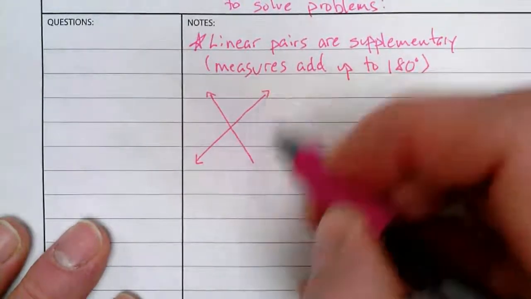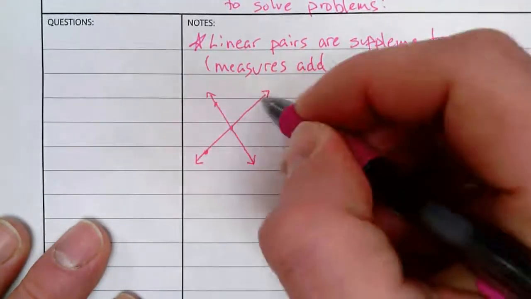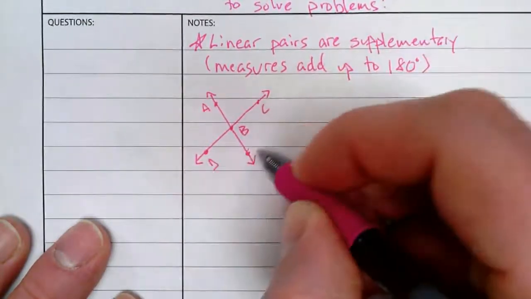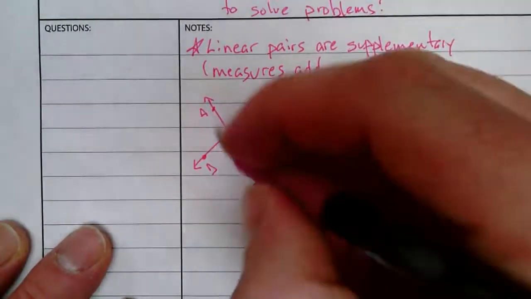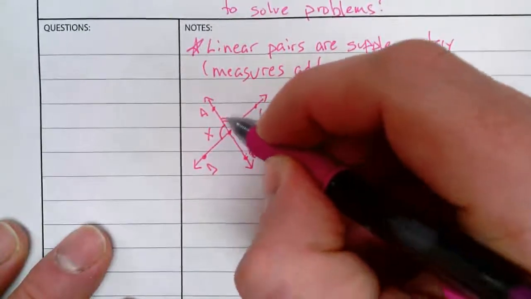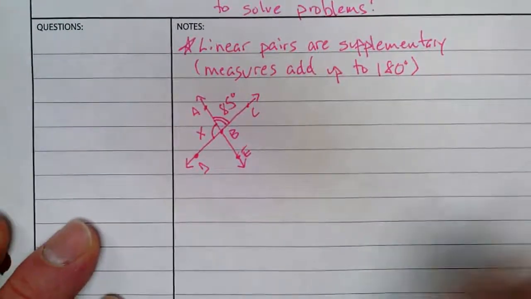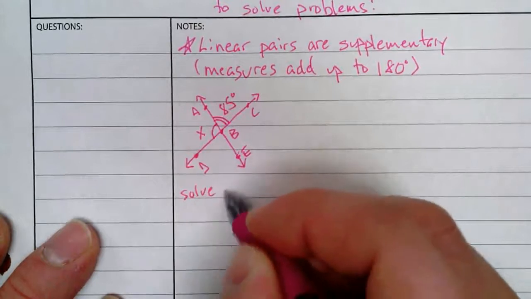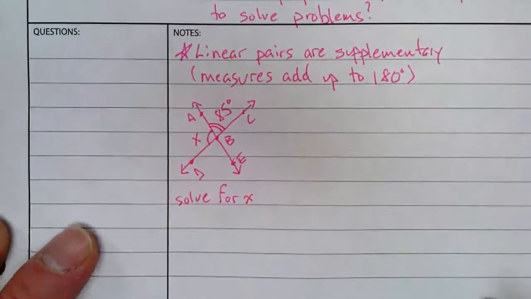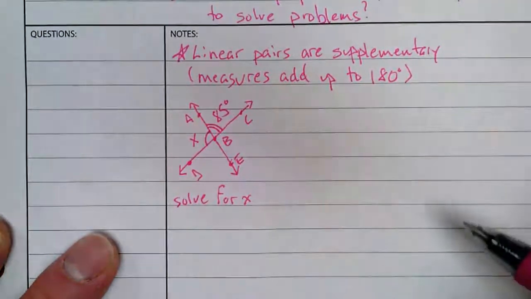Let's give some names here. I've got A, B, C, D, E. We're going to call this angle X, and this angle 85 degrees, and we're going to solve for X. The first thing we can say is that we can tell from the diagram that these two are a linear pair.